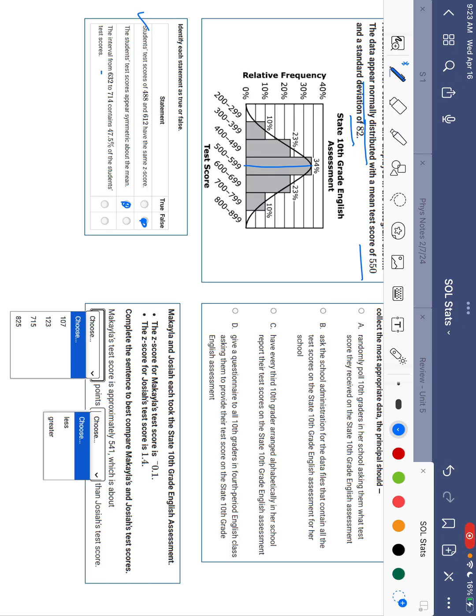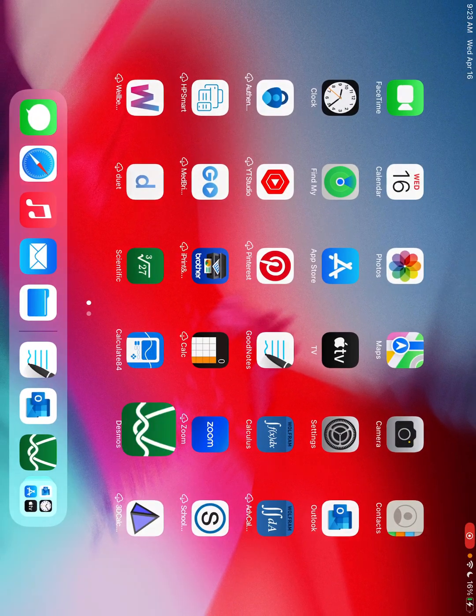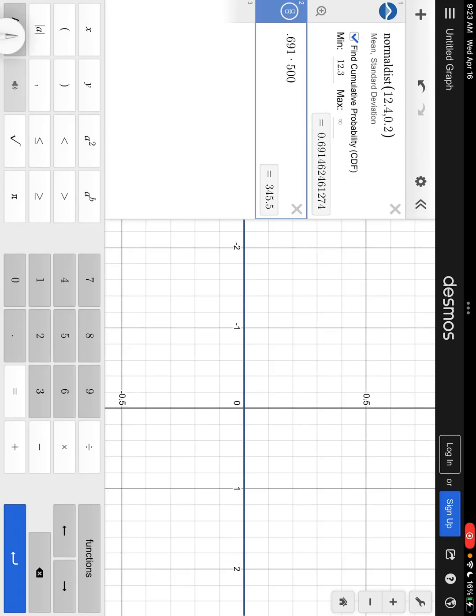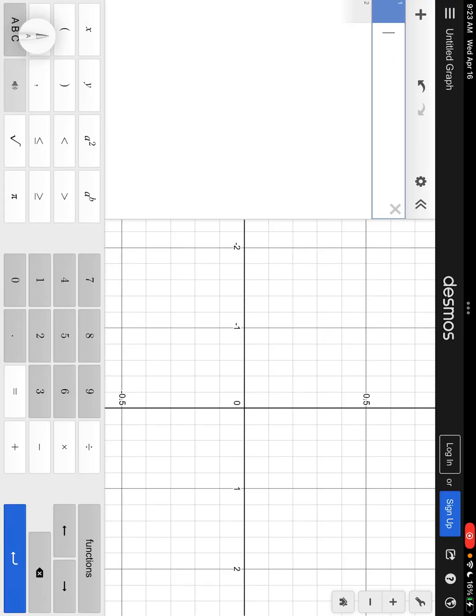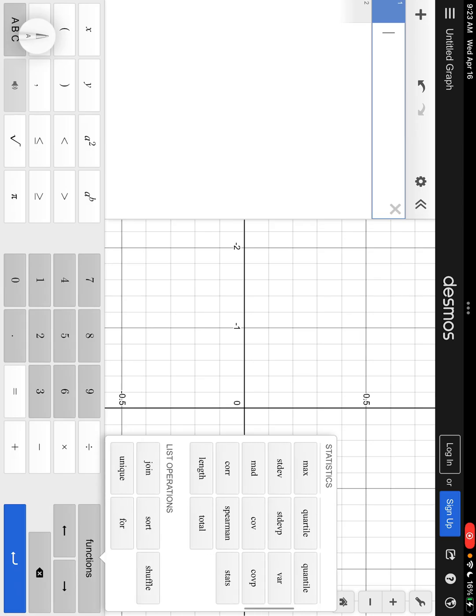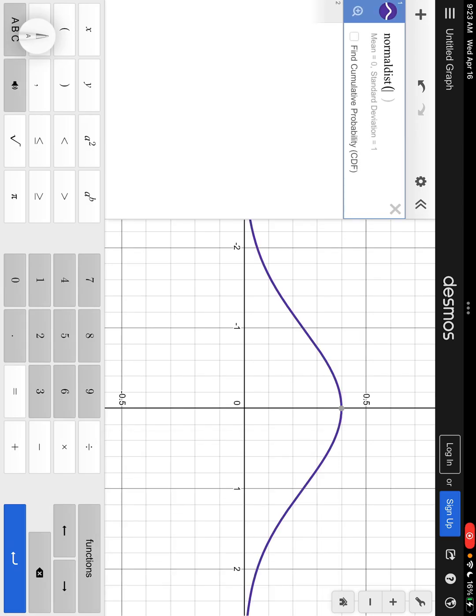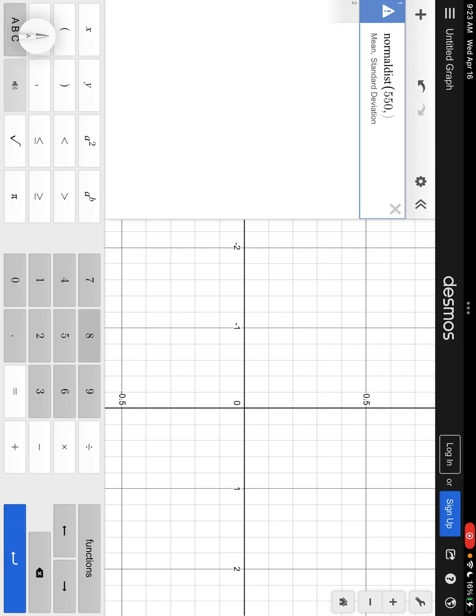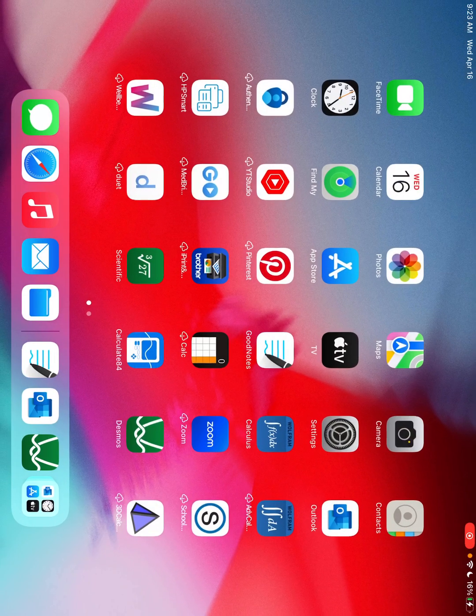The interval from 632 to 714 contains 47.5% of the student's test scores, all right? Well, let's go see. Mean 550 and standard deviation 82. So let's start over. Look, functions, you go down to distributions. 550 is the mean, and 82.